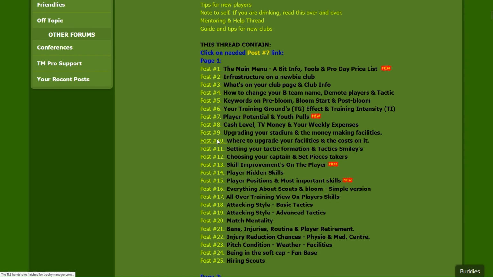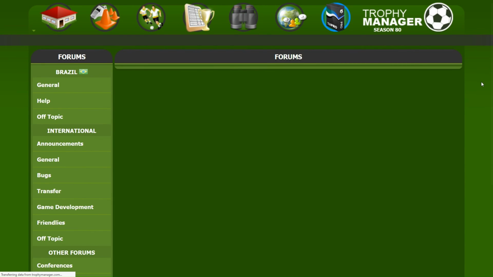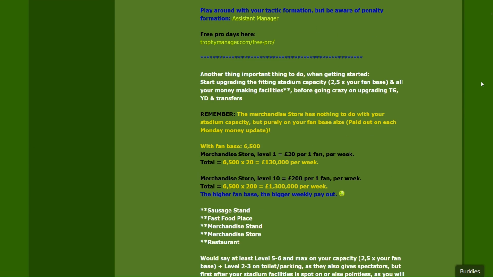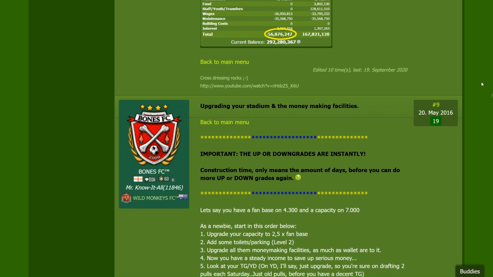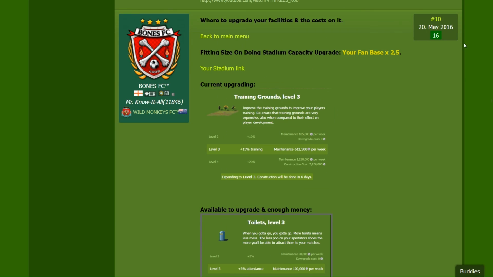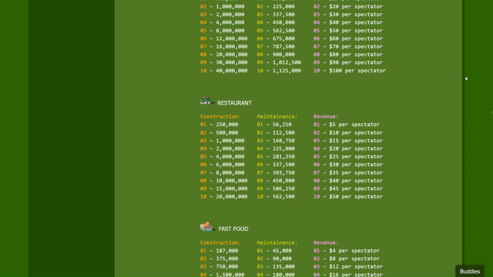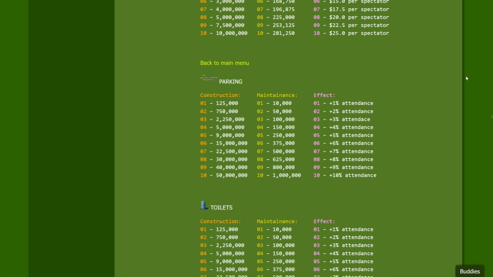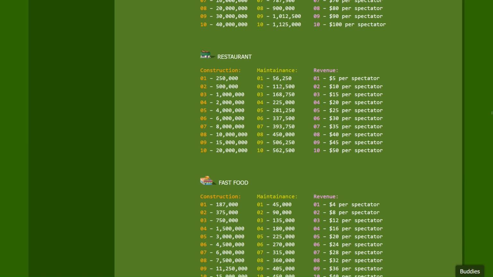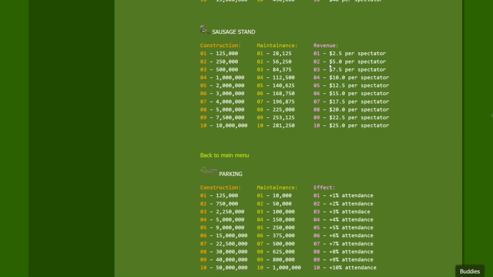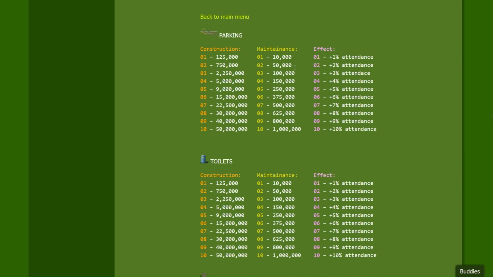And on the next page that you open, you look for post 9, if I'm not mistaken. Let me see. No, not 9, post 10. Okay, then here you find the prices, you find the revenue for each facility as I used. Okay, all the information you need about facilities you'll find here.